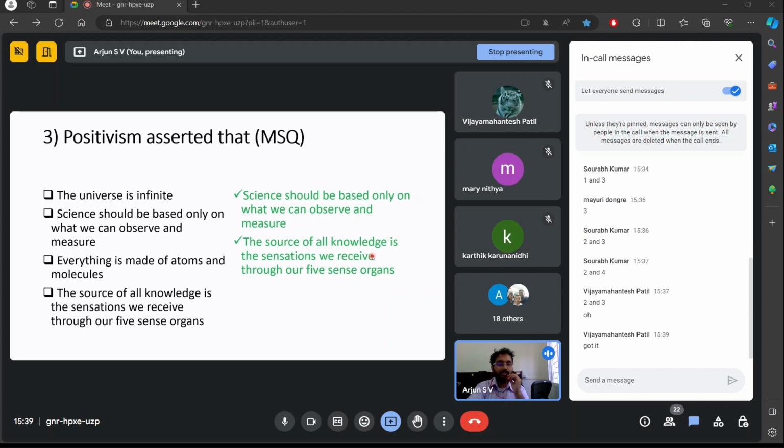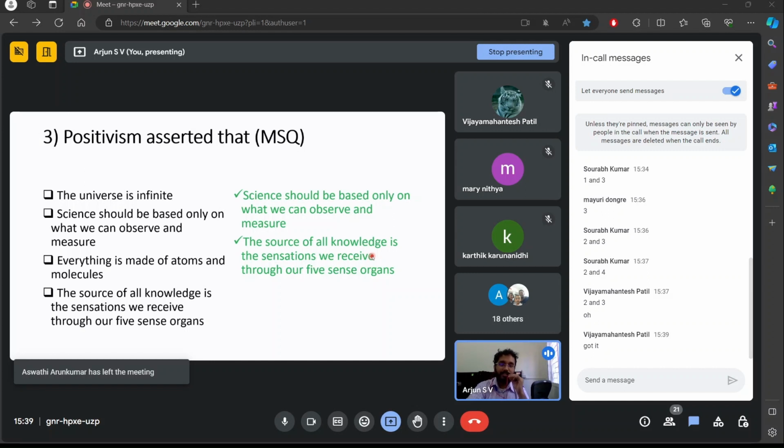This is for everyone in the call as well. When you talk about positivism and its characteristics, they almost always think that atoms and molecules do not exist, because at that time they didn't have any experimental infrastructure or the capability to observe them.